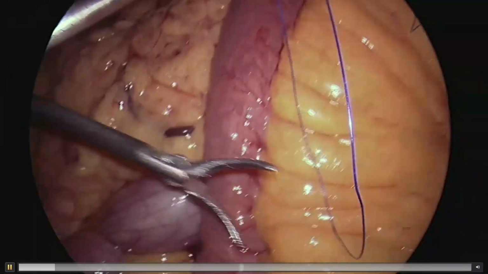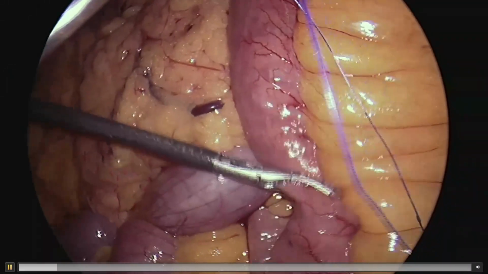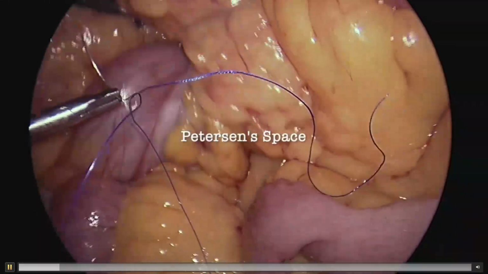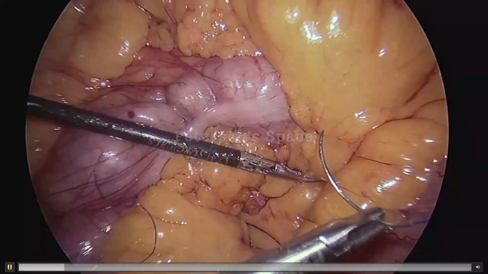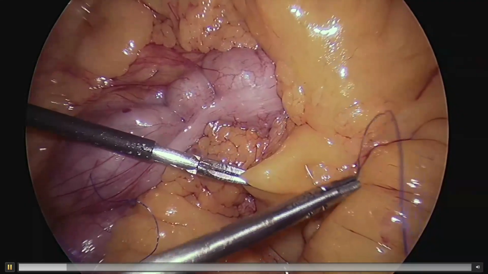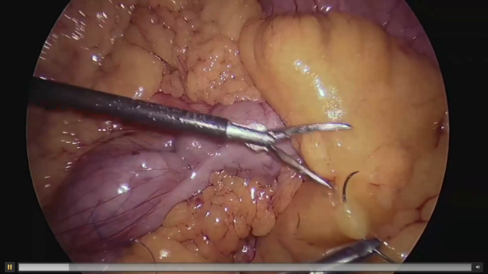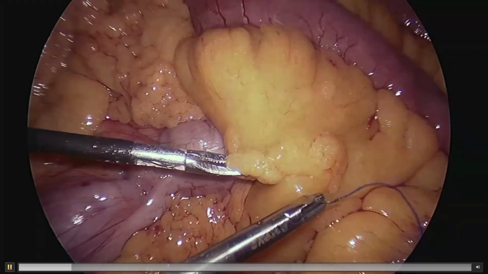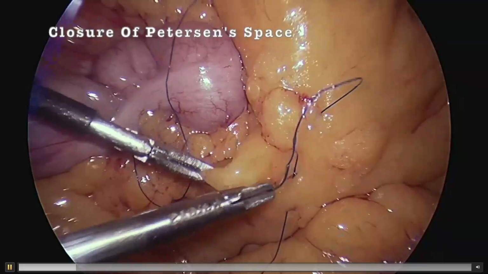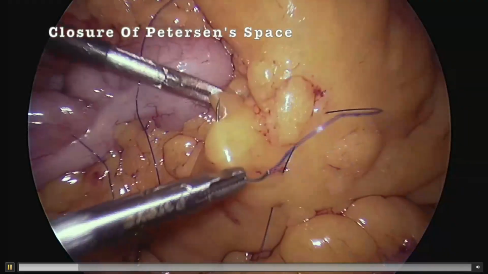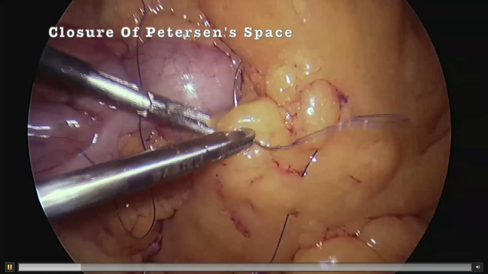The closure of Peterson's space after doing an antecolic anastomosis: when you lift up and flip the bowel onto the left side of the patient, the loop anastomosis, go to the base where the opening is and take sutures with non-absorbable sutures. This is 3-0 Prolene that we use.